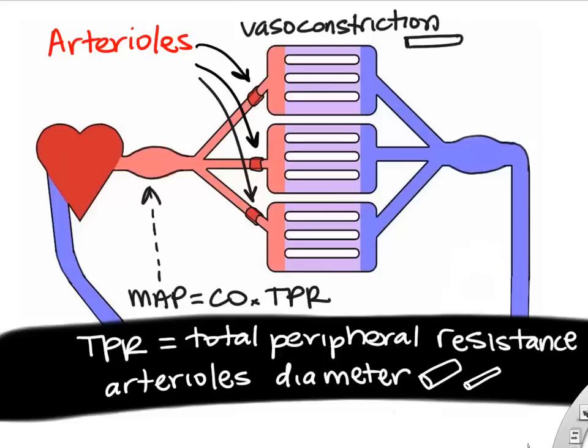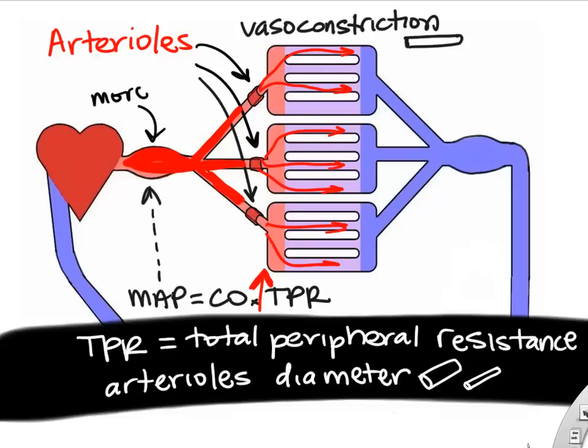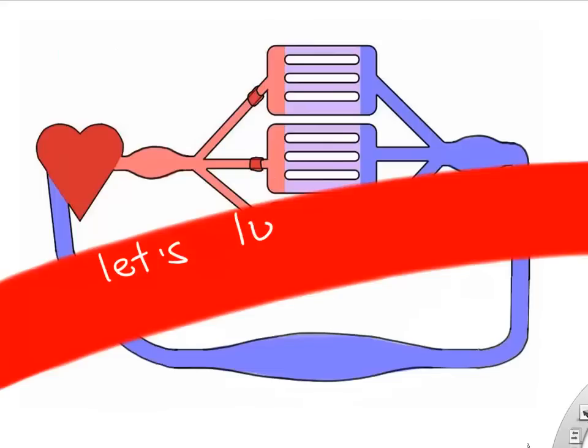The opposite would be if we have vasoconstriction. We shrink all those little arterioles, less blood moves into our capillaries, so it stays back in your arteries. That would increase arterial blood pressure. Again, why? Because you're increasing the total peripheral resistance, and by this mathematical equation, you increase your blood pressure.